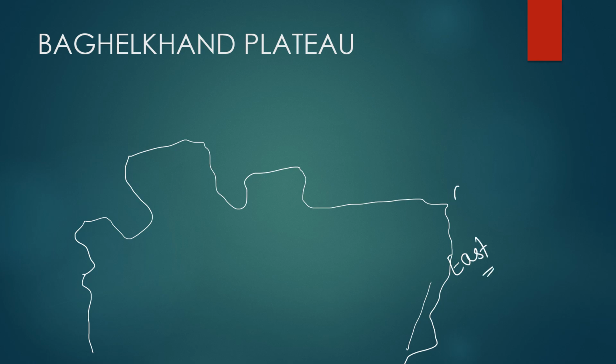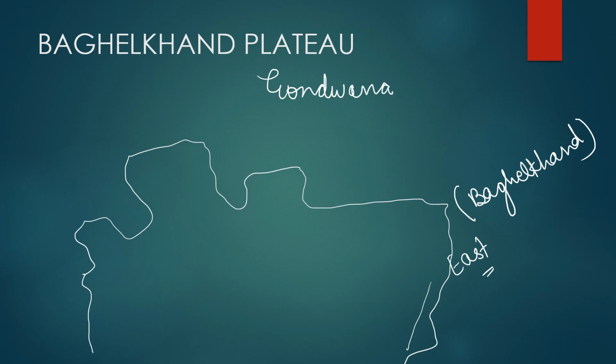The eastern region is the Baghelkhand region. This Baghelkhand was formed during the Gondwana age. Its composition is mainly Gondwana rocks and also some Vindhyan rocks.